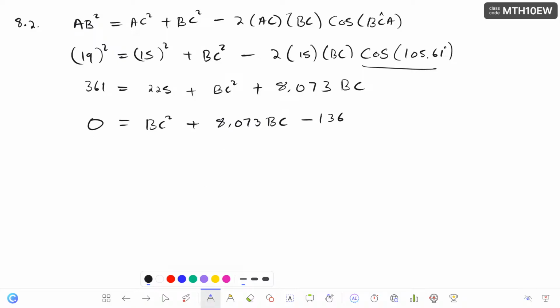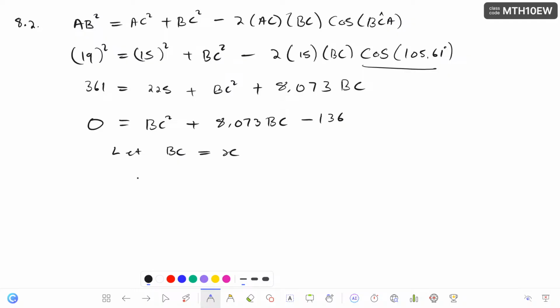So it's negative 136 equals 0. Okay, now you see we have a quadratic, so we need to use the quadratic formula in order to solve this one. Let BC equal x.